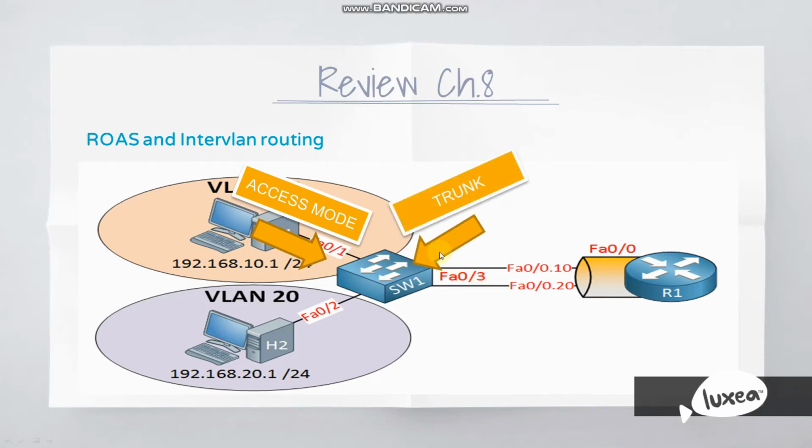And the router has access to VLAN 10 and 20 because trunking means they're gathering the whole thing together and sending it all at once. In addition, we can create sub-interfaces and give each one an IP address.